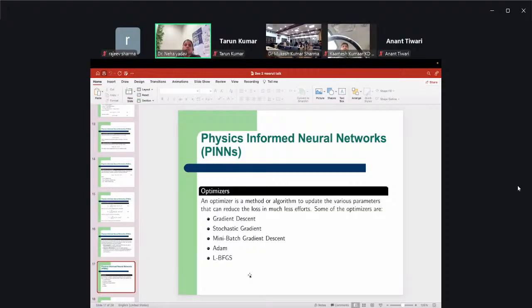So this optimization in PINNs can be done by any of the optimizers, the most commonly used being gradient descent, stochastic gradient descent, Adam, or LBFGS. Any optimizer can be used to minimize the loss function and optimize the neural network parameters.